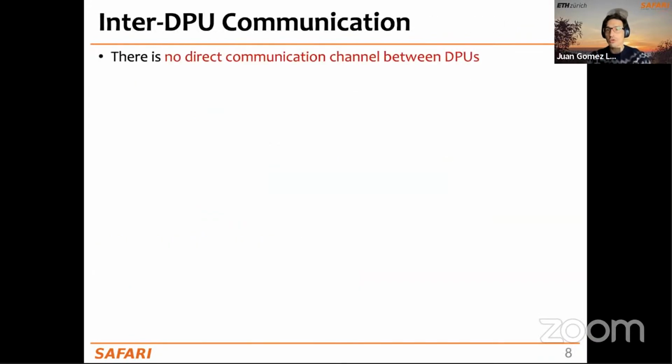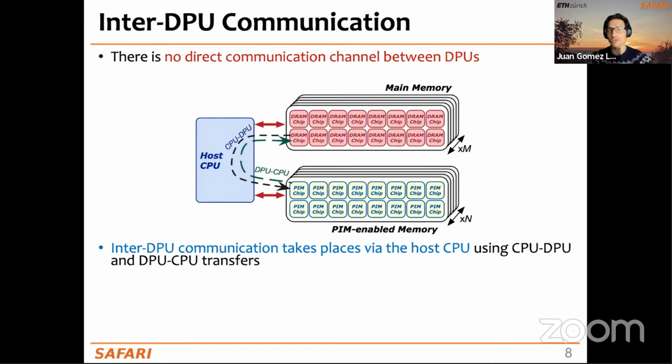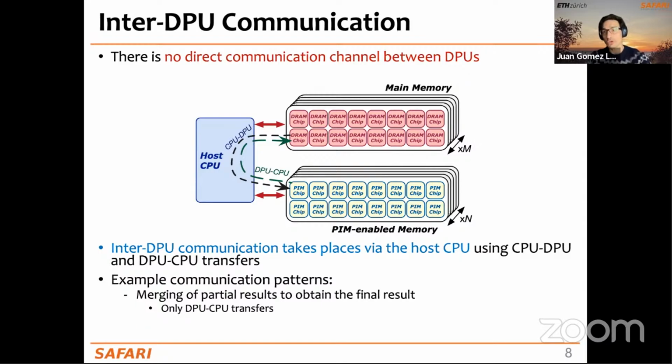Remember as well how important it was to understand how costly it is and what bandwidth we can achieve in this CPU-DPU and DPU-CPU communication and transfers, because they are the way of communicating across DPUs, because there is no direct communication channel between DPUs, right? And remember as well that we talked about some possible example communication patterns.